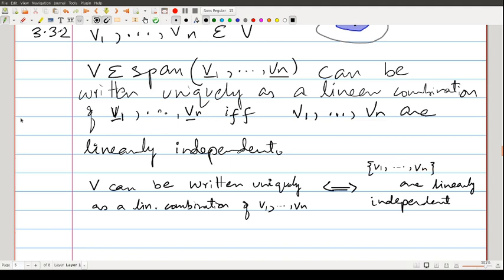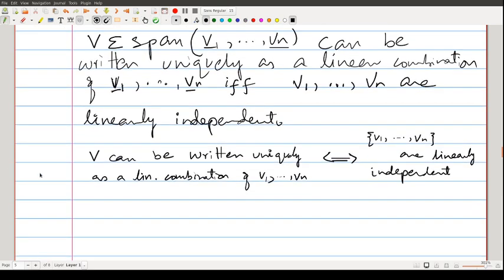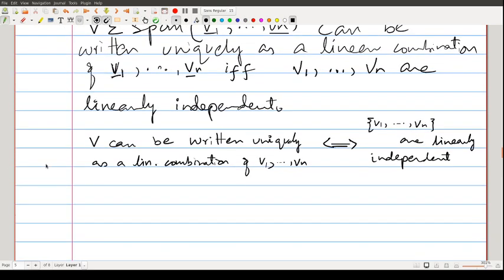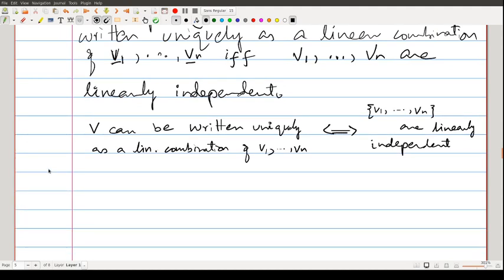So we have two things to prove: one in this direction and the other in this direction. And to go from this to this is quite simple.